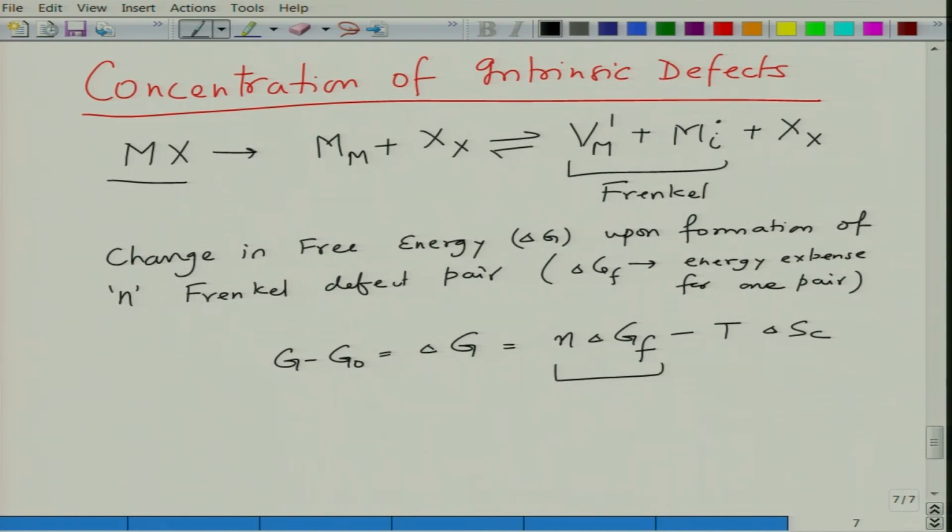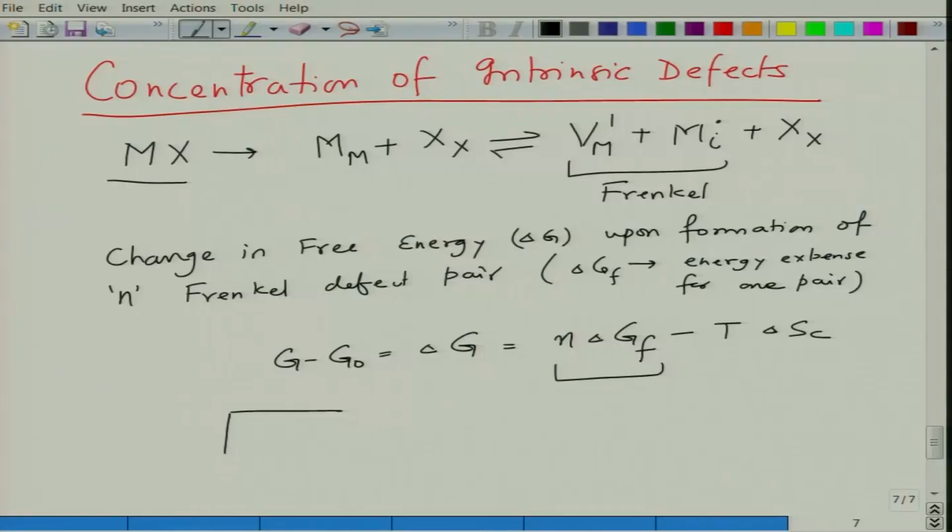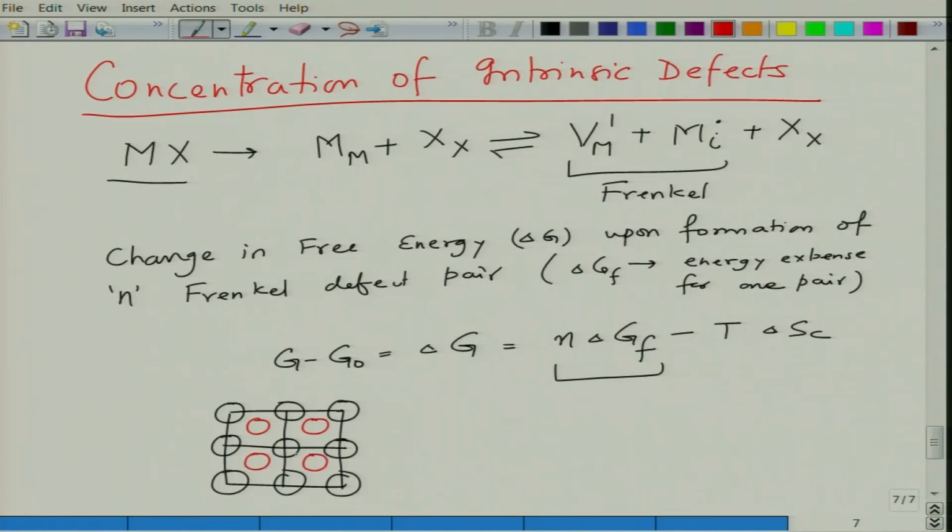You can write it as delta Hf if you want, but the moment you create these defects, there will also be a change in the entropy, and most importantly the configurational entropy, because earlier you were starting with a system like this. A perfect material system would be like this, right. The imperfect one would have a vacant site here, and this atom will go somewhere, let us say here, the interstitial site.